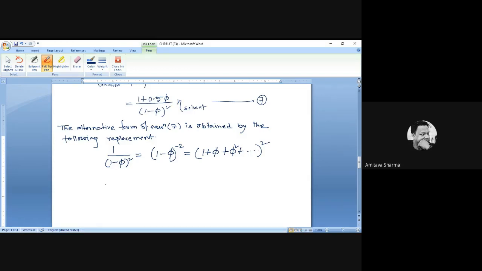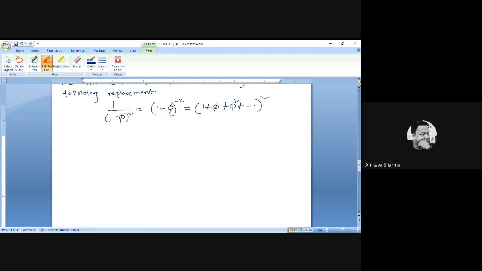So as it is an infinite series, I can say that solution is equal to 1 plus 0.5 phi, and the series of solvent.